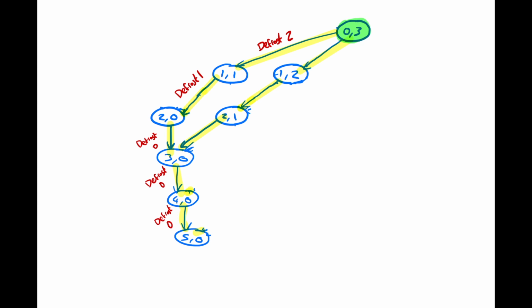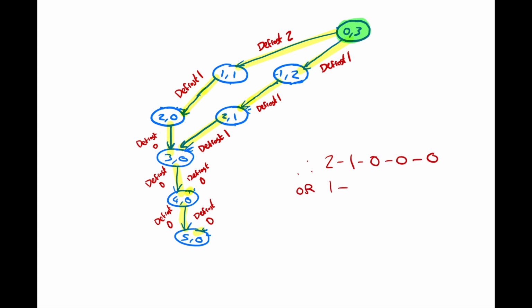The second path would correspond to defrost 1 on the first day, 1 on the second day, 1 on the third day, and 0 forevermore. So therefore, our optimal solutions are defrost 2, 1, 0, 0, 0, or 1, 1, 1, 0, 0.